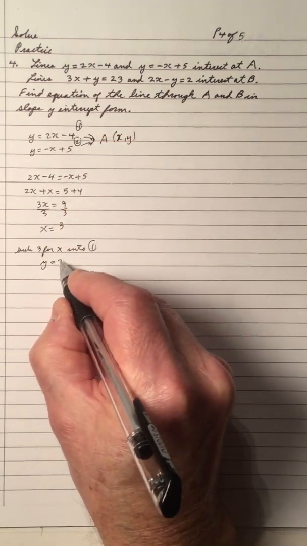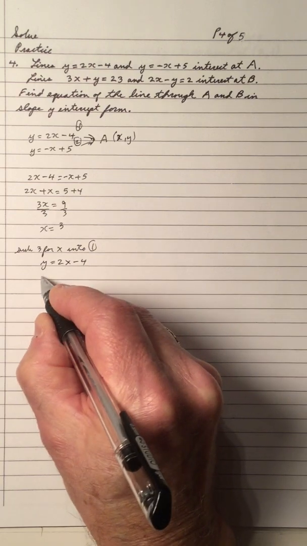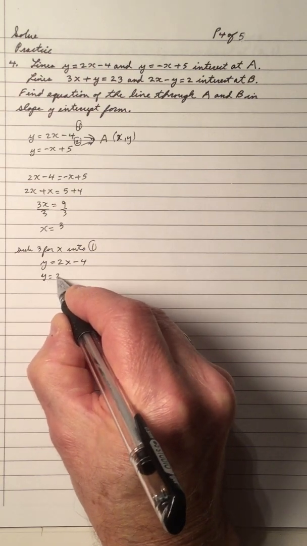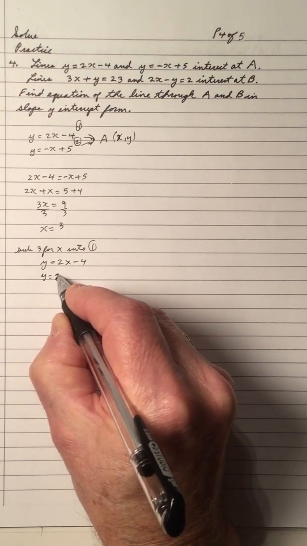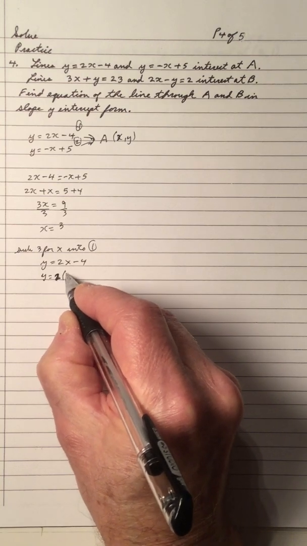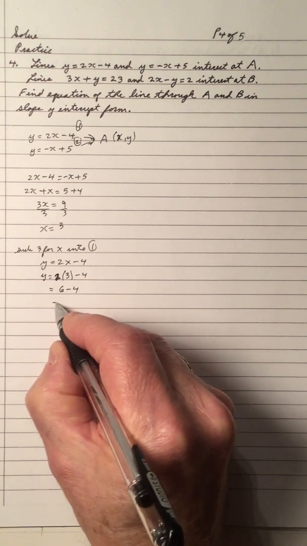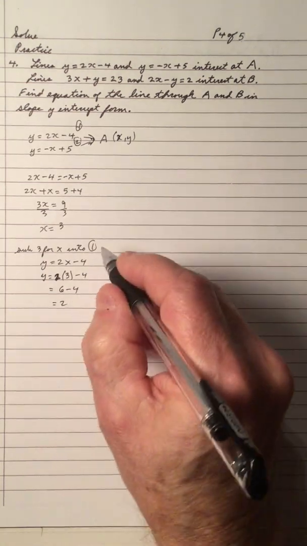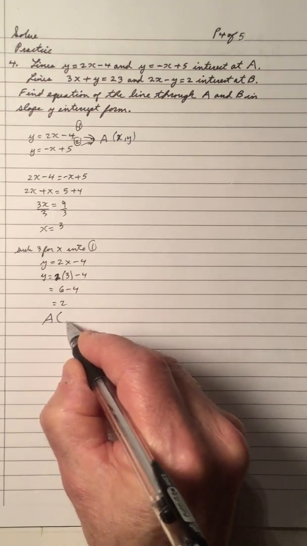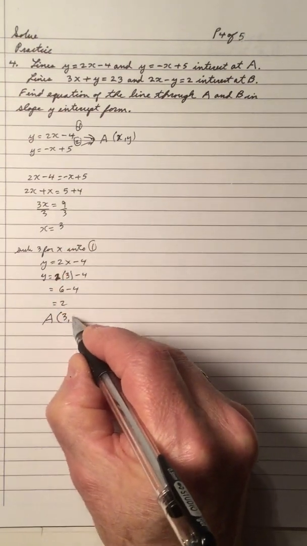So y equals 2x minus 4. X is 3, so it's 2 times 3. That's 6 minus 4. So y is 2. So that means A: x is 3, y is 2.